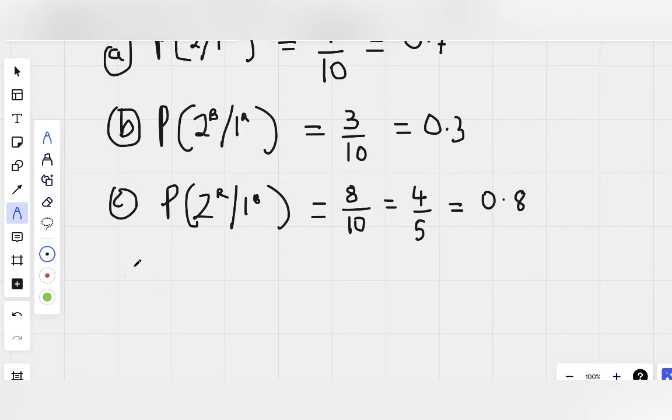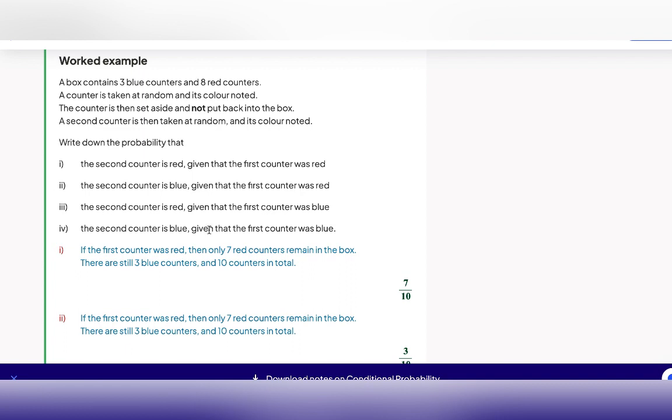Now let's go to the D part of this question. The D part of the question says, the second counter is blue, given that the first counter was blue.